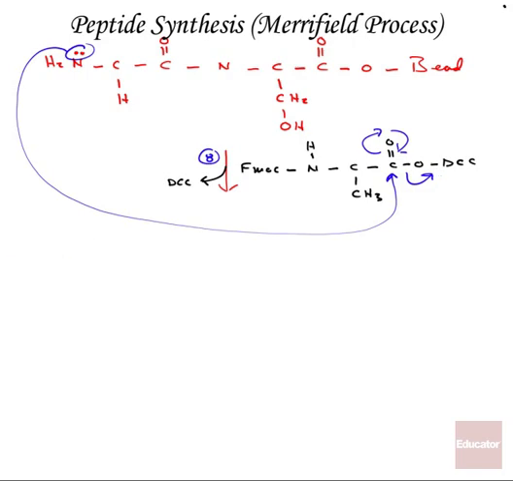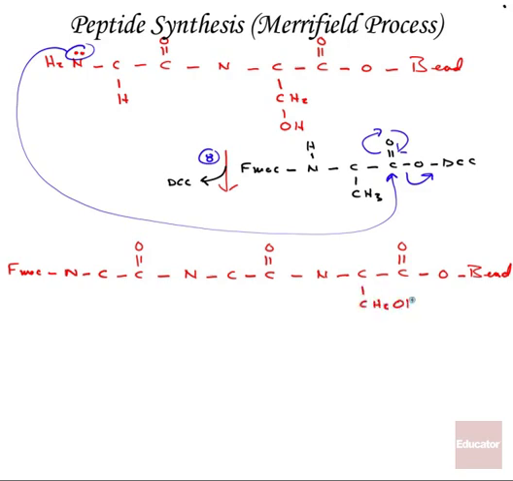Let me write this in red. You end up with FMOC, N, C, C, N, C, C, N, C, C, carbonyl, carbonyl. Those are my points of reference, my carbonyls. I have my O, I have my bead. My first residue on the bead is my serine, CH2OH.